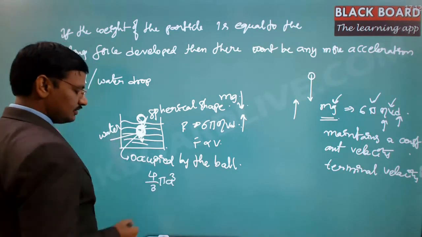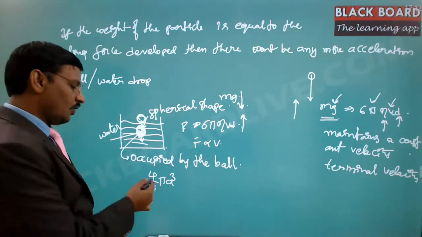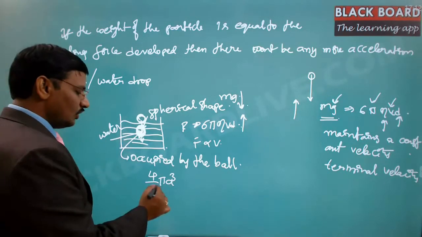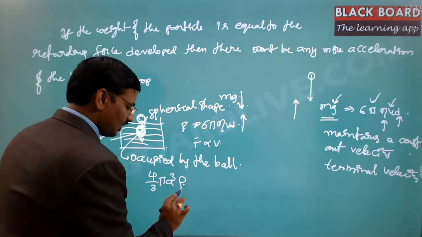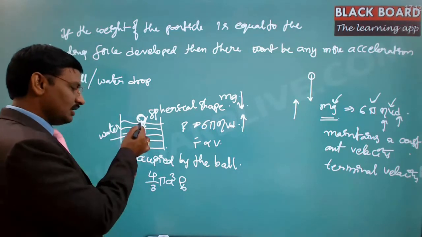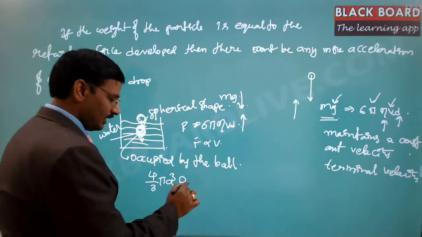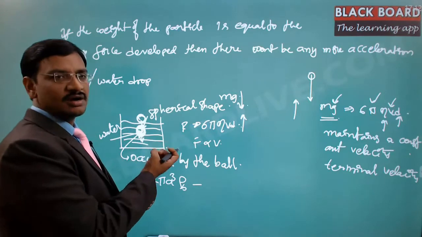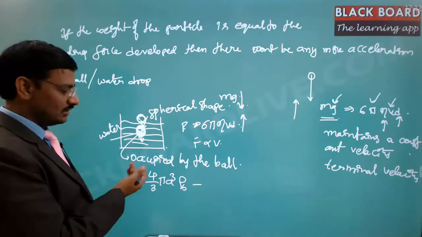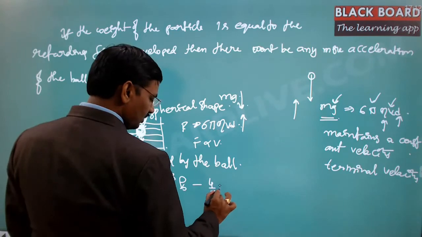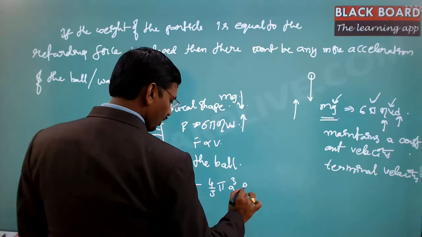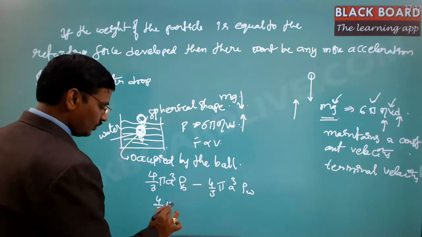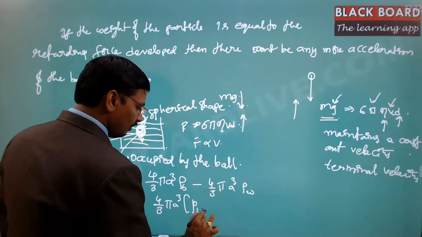Let us say the radius is a, so 4/3 pi a cube is the volume of this ball, multiplied by the density of the ball, which I call rho B. That gives the mass of the ball, minus the mass of the water displaced from that location, which is 4/3 pi a cube into rho W. So this is 4/3 pi a cube into (rho B minus rho W).